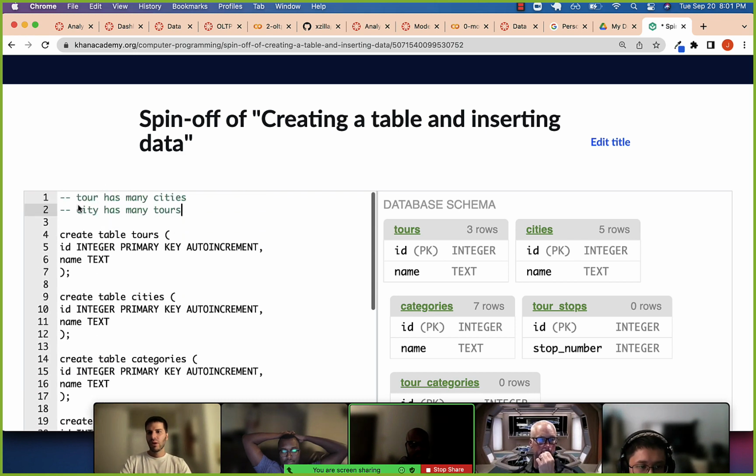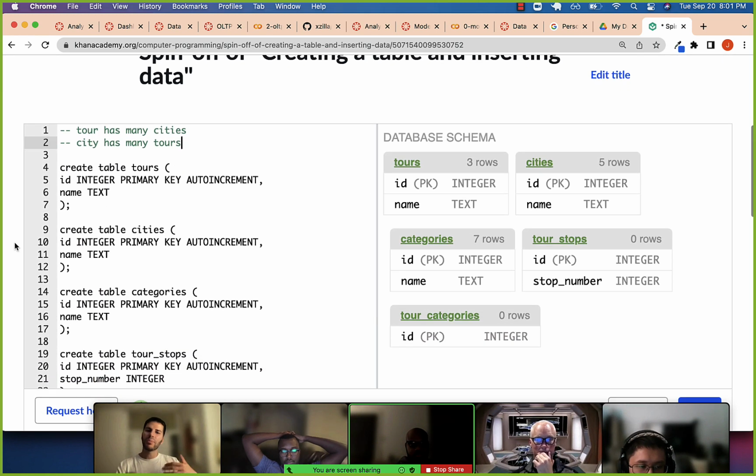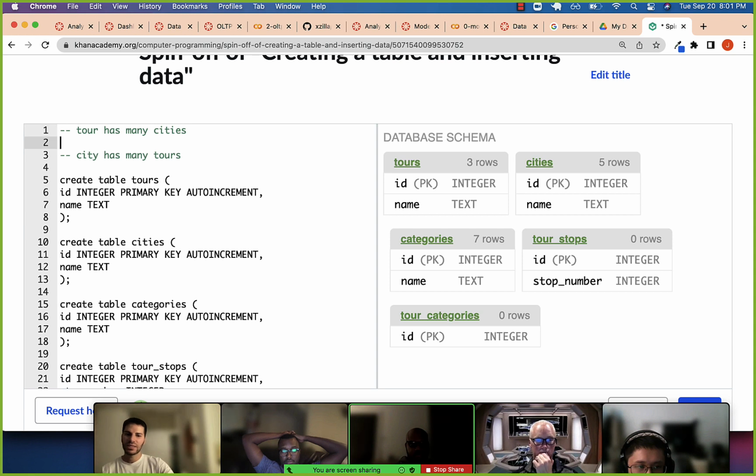So, it's a bit safer if you lean towards that has many relationships. For instance, you might say, and maybe this lab encourages you to say, that a tour only has one category, but a tour really could have many categories.